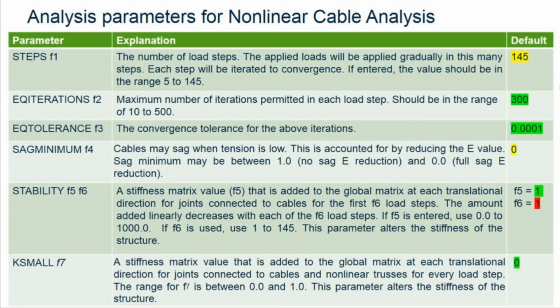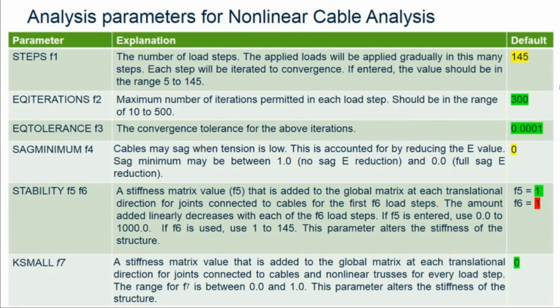Okay, and K small is also the same as the stability parameter. It is also an artificial stabilizing stiffness matrix, but the difference is that this is a permanent stiffness matrix.